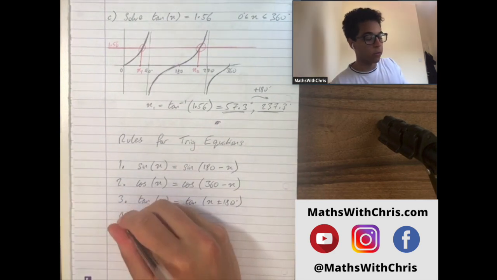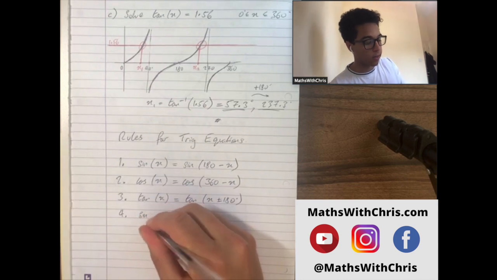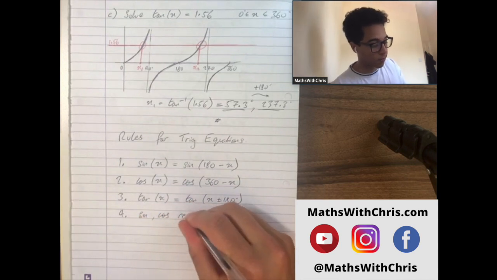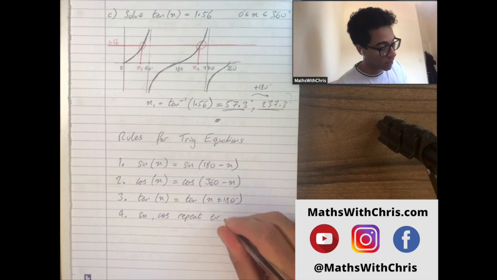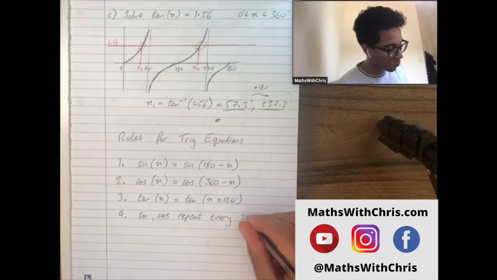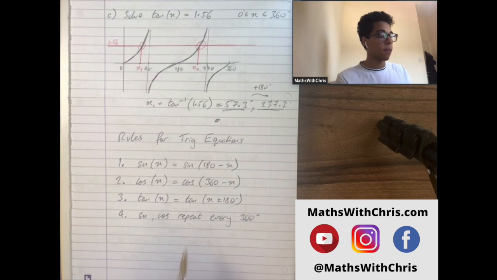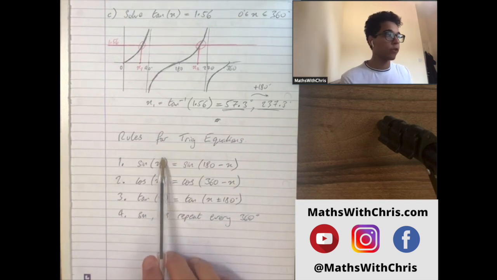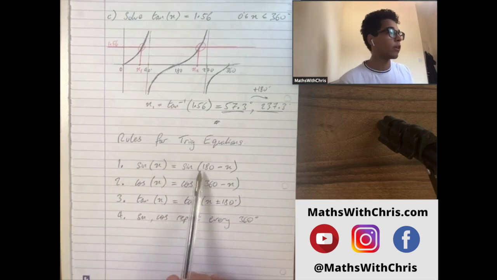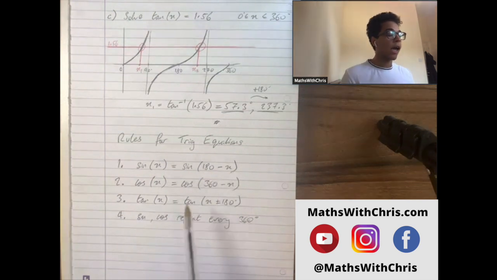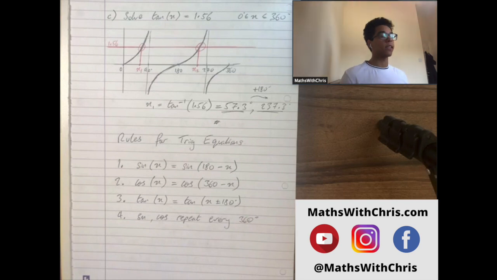And then the fourth rule is that sine and cos repeat every 360. So if you wanted to find all the solutions for sine, you'd do the first one on your calculator, then do 180 minus that and get the second one. And then for each of those, you can add and subtract 360, and that's going to start giving you all of the solutions.